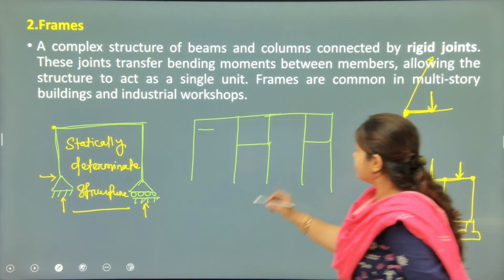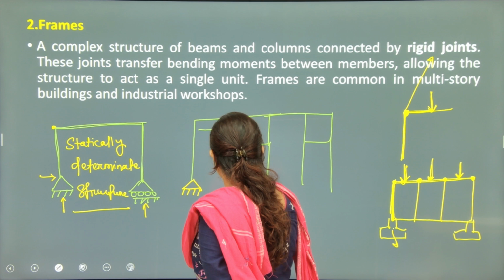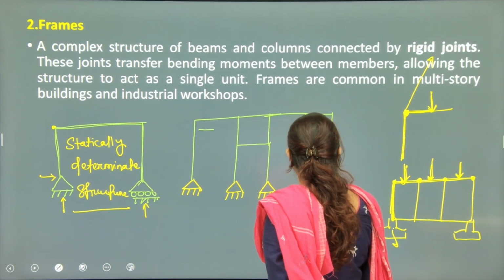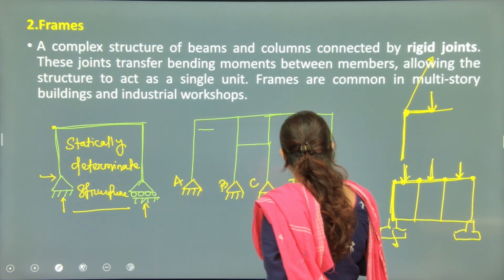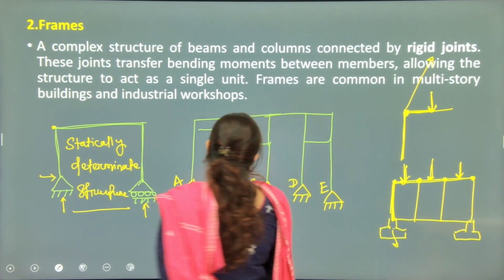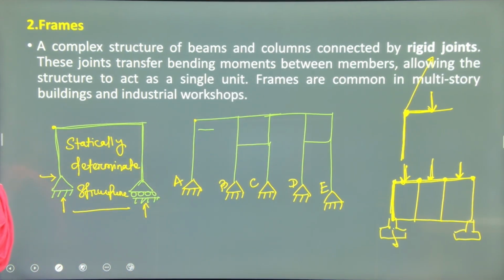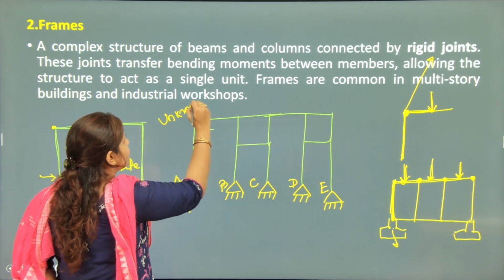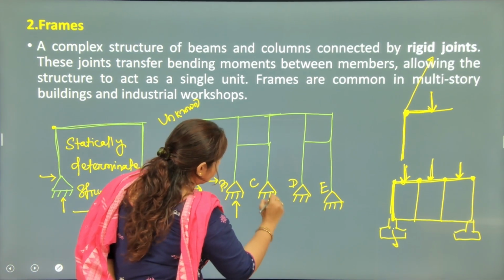As I have drawn here, if we have all hinge supports, this structure is A, B, C, D, E, and it is connected with beams. Here we need to count the unknowns.